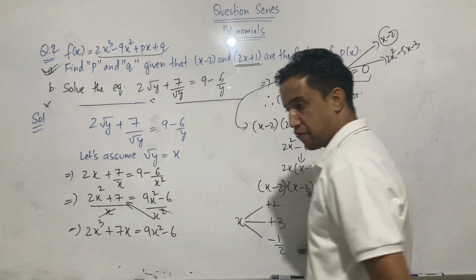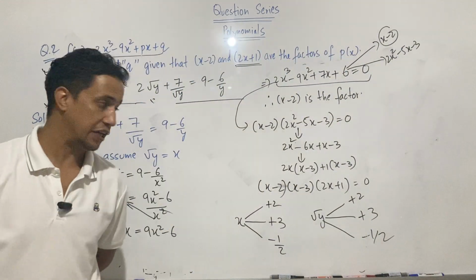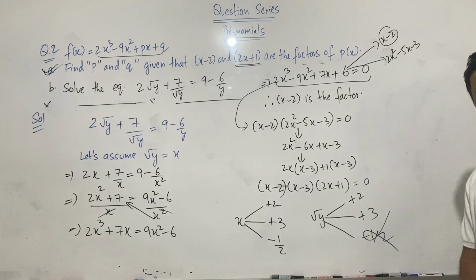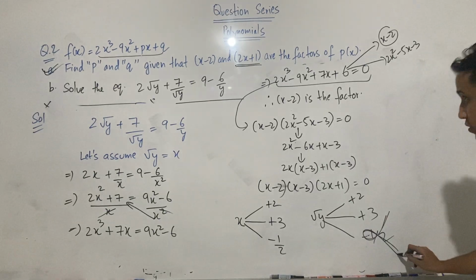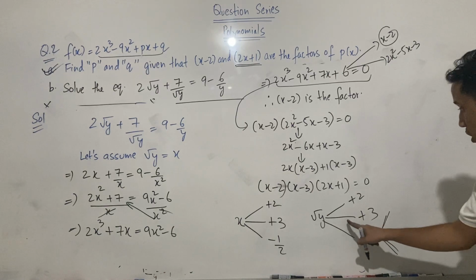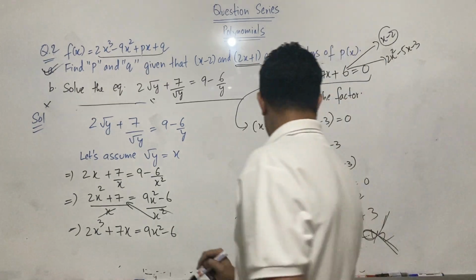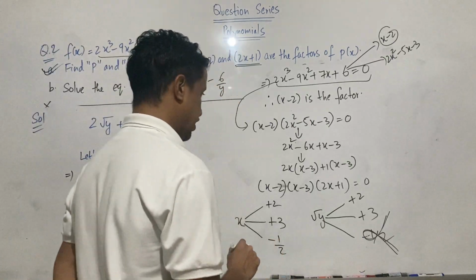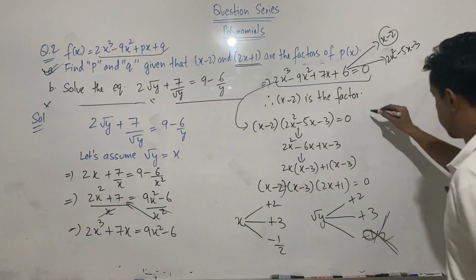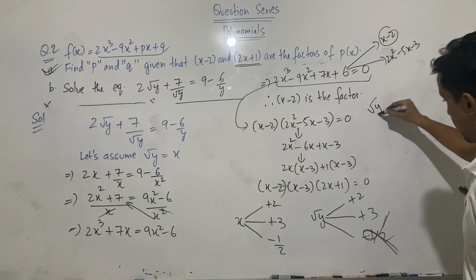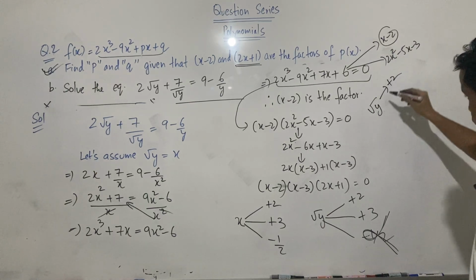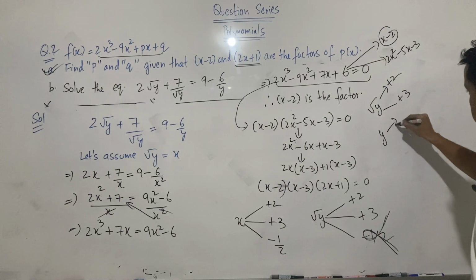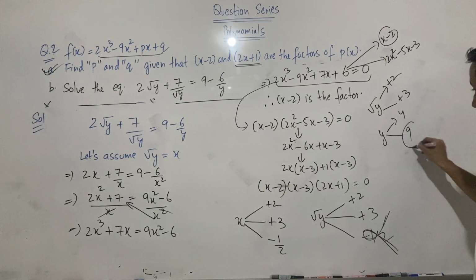This type of function cannot return a negative value, so this possibility is ruled out. We are not going to consider it. Here we will take only these two values. So y is going to be positive 2 and positive 3, or if I have to say y, it's going to be 4 and 9.